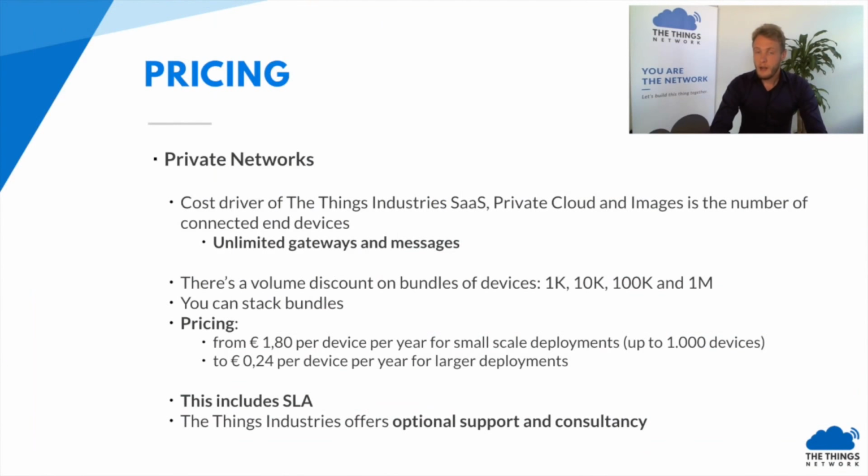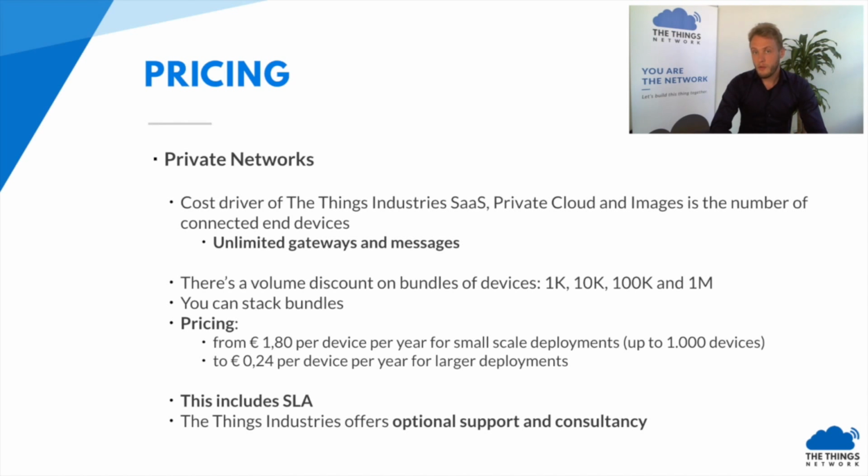The cost driver of The Things Industries SaaS, private cloud and images is the number of connected end devices. This means that you can connect an unlimited amount of gateways and route an unlimited amount of messages using this private network offering. There's a volume discount on the bundles of devices. The bundles are 1,000, 10,000, 100,000 and 1 million devices.